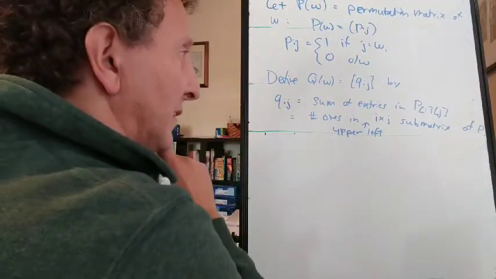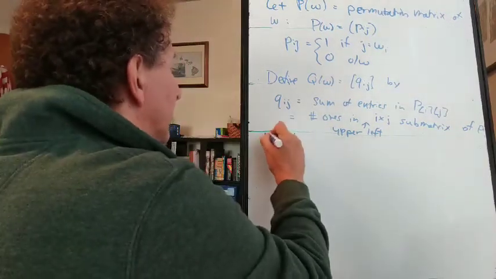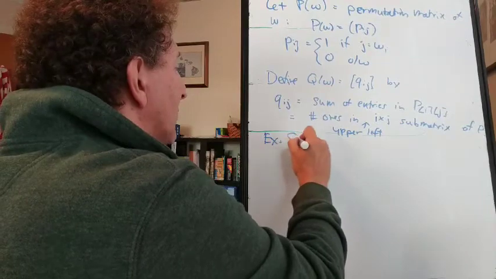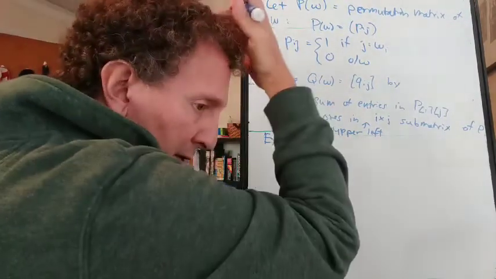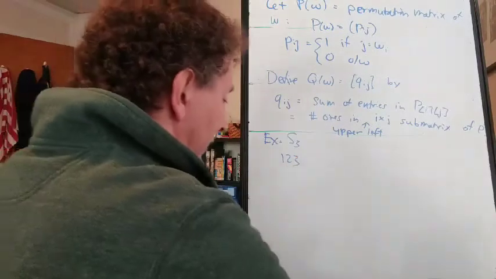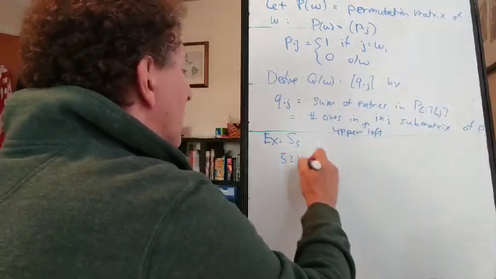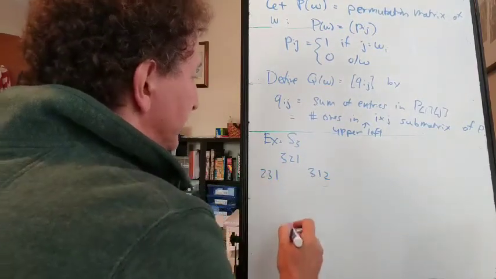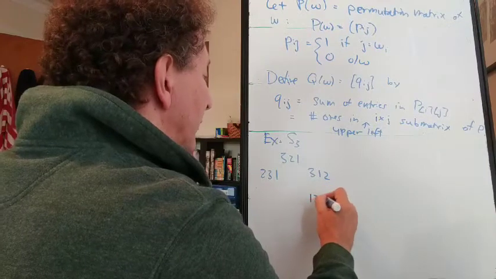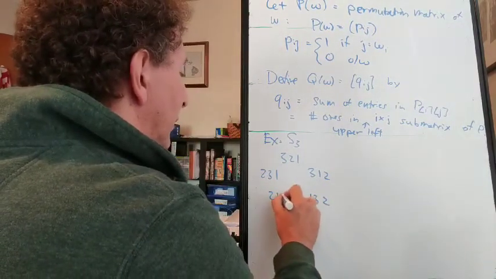So let's, as an example, consider all 6 permutations in S3. So we've got 1, 2, 3, 3, 2, 1 at the top. 3, 1, 2, 2, 3, 1. 1, 3, 2. 1, 2, 3. 2, 1, 3.